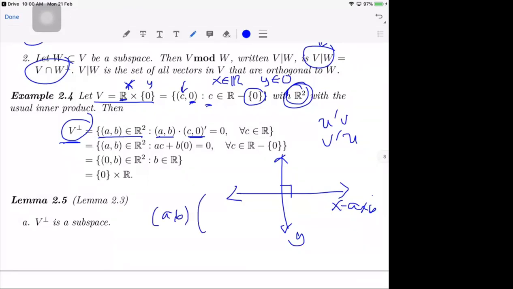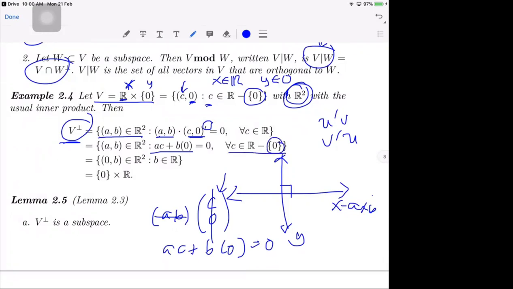So you have (A, B) and then (C, 0). So multiply, you will have AC plus B times 0, and you take the prime of that. So you have AC plus B0 equals 0 because of the definition of perp. Now, C is not 0.